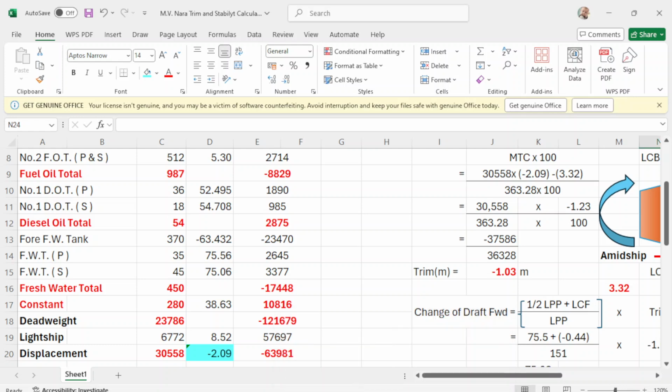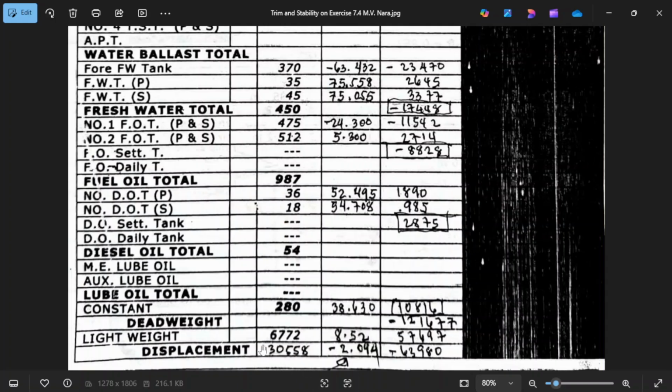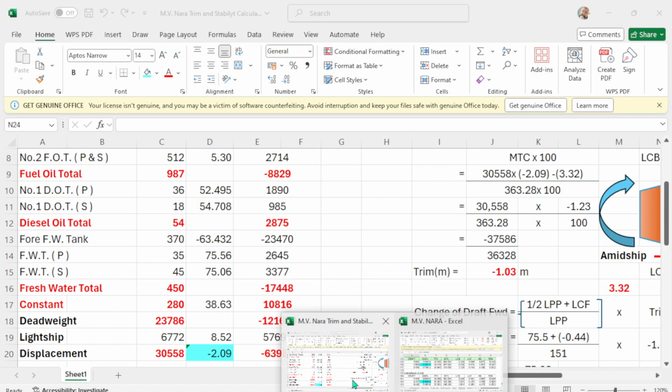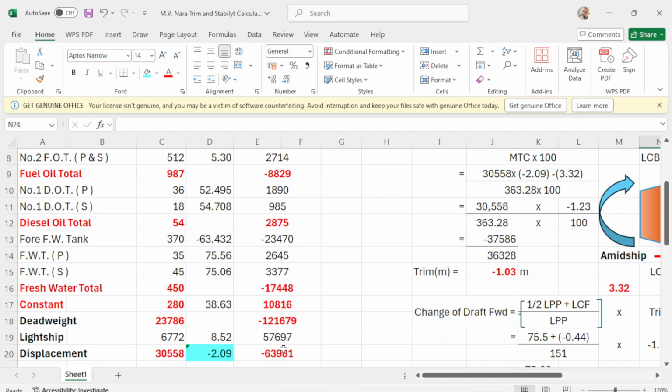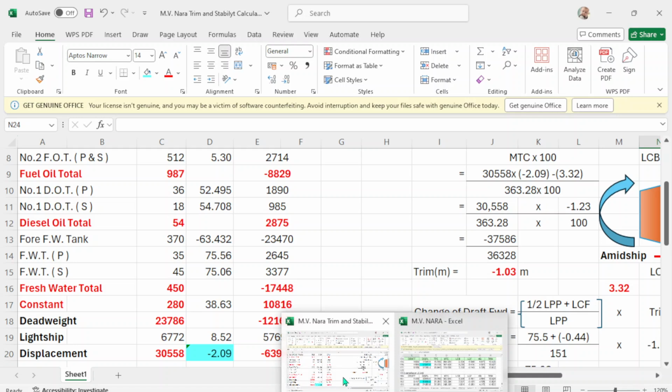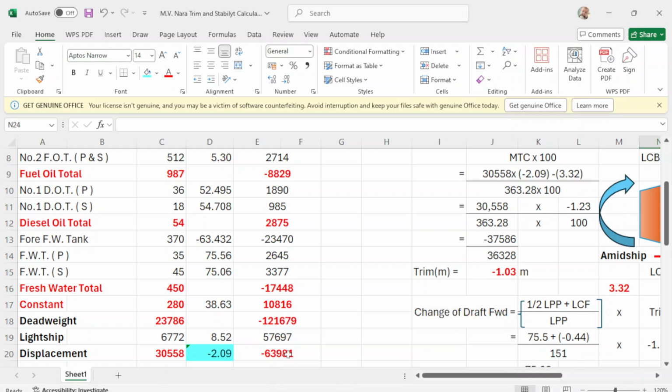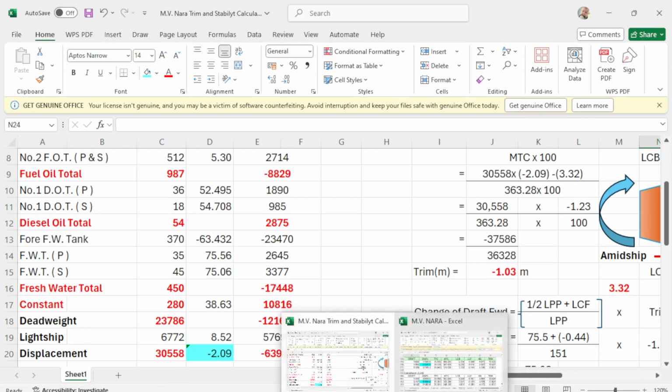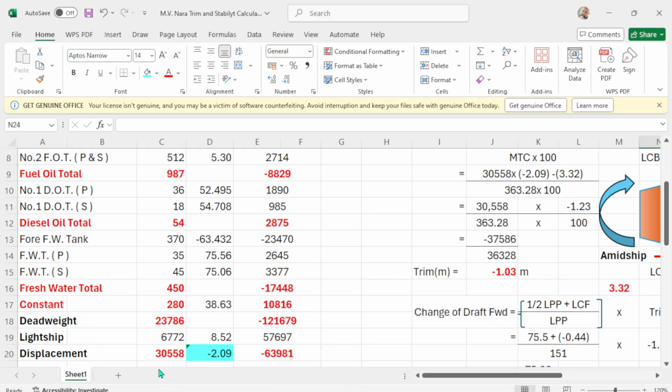I'm sorry, light ship is 6772 and 8.52, I got here 57697. And the total displacement is 30558.